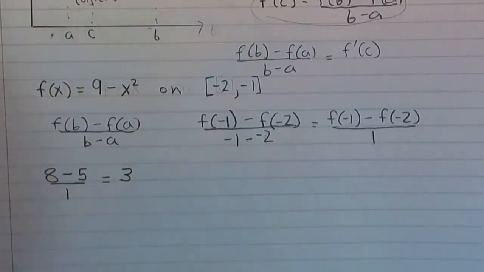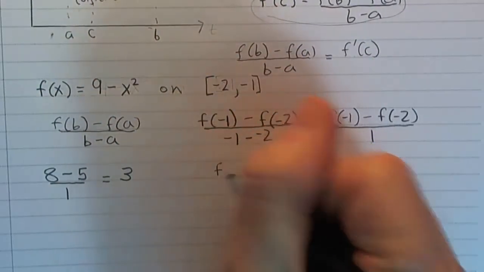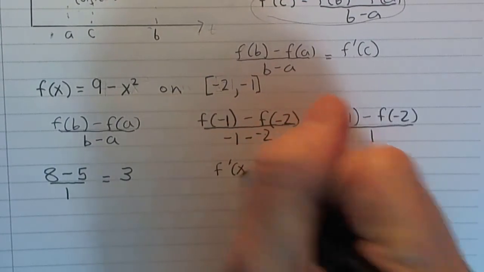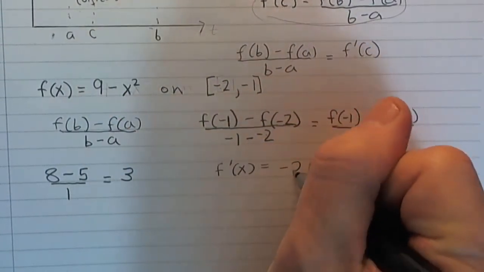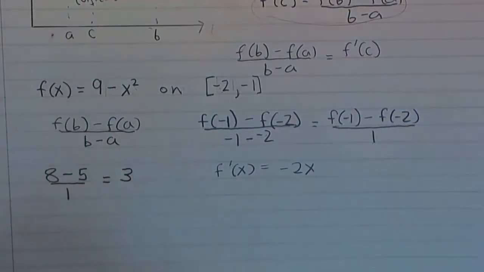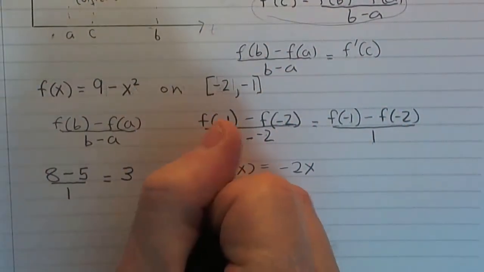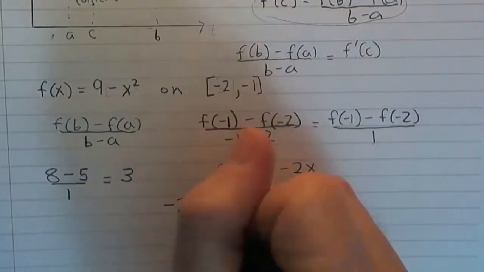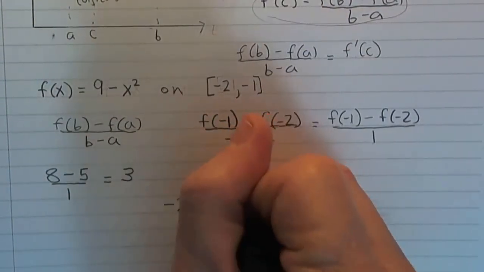Okay, now let's find the derivative. So the derivative, f prime of x, is equal to -2x. So I want to find my c. So I'm going to do this. I'm going to say -2c, I'll just replace x with c, equals 3.